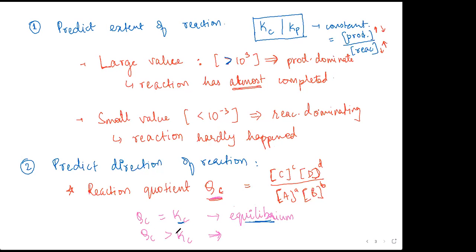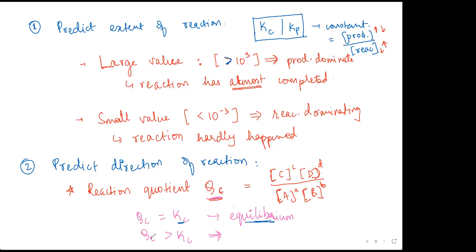So QC is greater than Kc means, what can you say about the concentration of the reactants or products compared to the equilibrium concentrations? Greater, less? Greater than Kc, maybe. Correct.